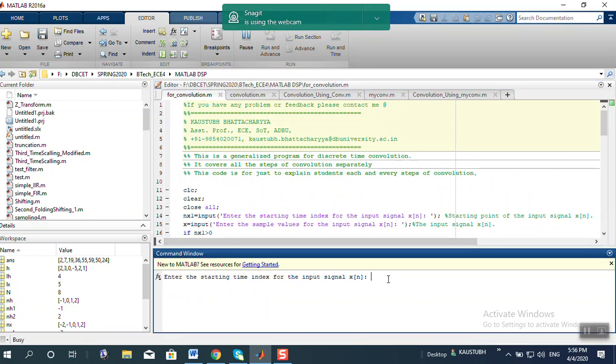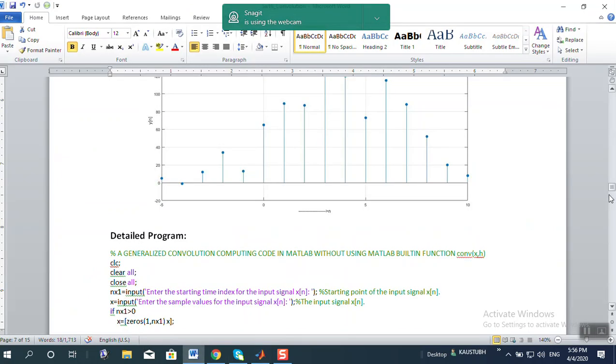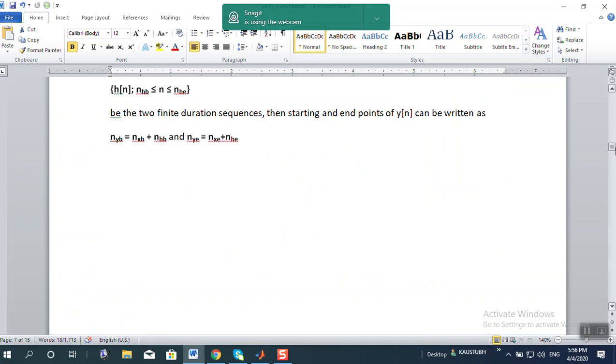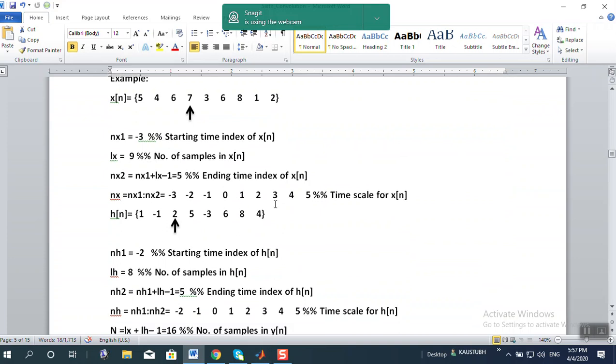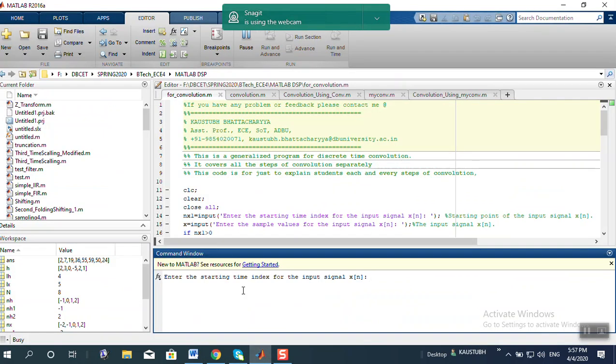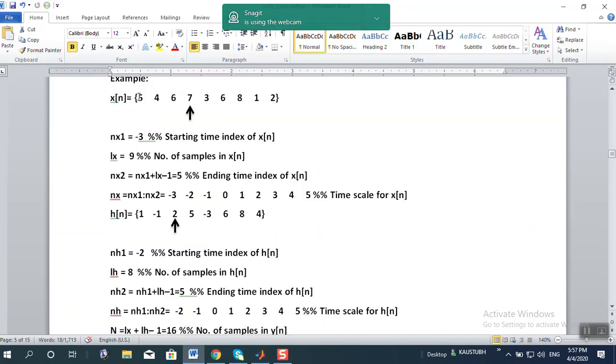Okay, enter the starting time index for the input x of n. Say I'll use this same example. Say -3, then x of n is this.